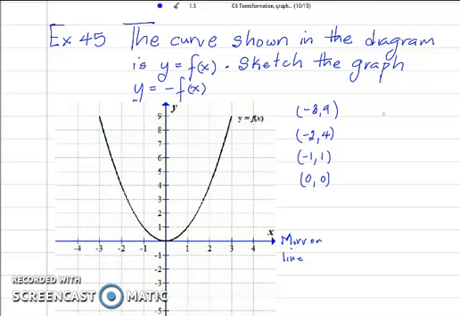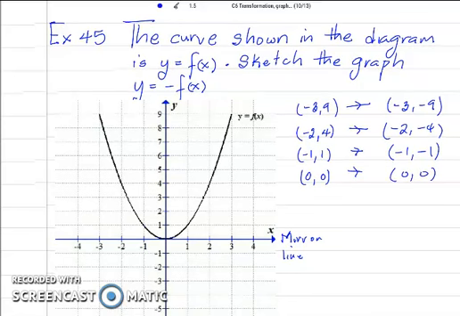Now, these points are going to become (minus 3, minus 9), (minus 2, minus 4). So the x-coordinate remains the same and the sign of the y-coordinate changes. And of course, (0, 0) means (0, 0).